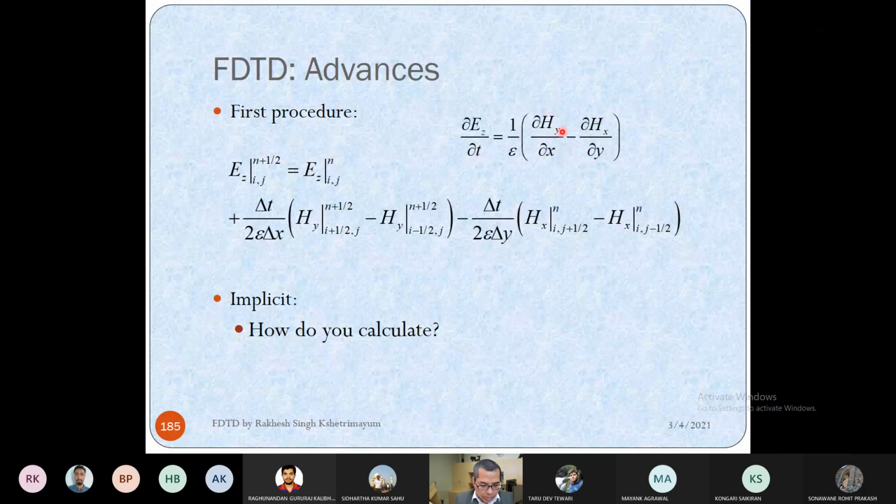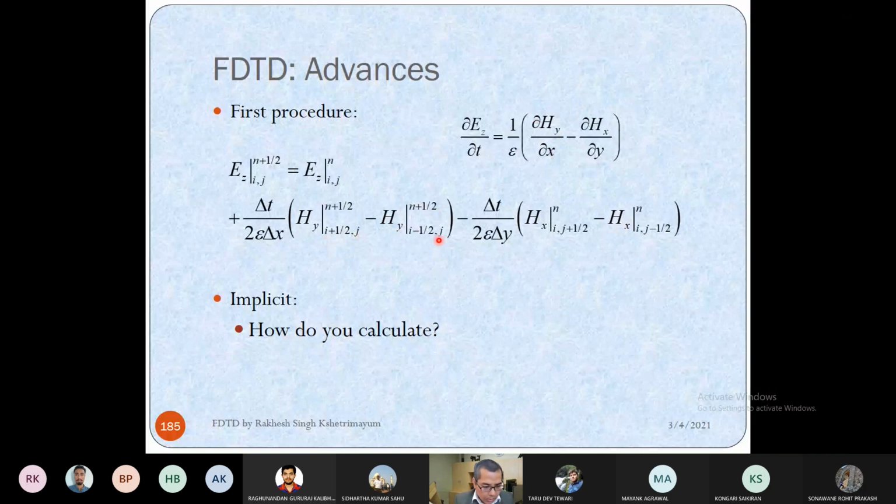So you will have terms like Hy at i plus half comma j, calculated at n plus half, and you'll also have terms like Hy at i minus half comma j at n plus half. This is basically the partial derivative with respect to x.